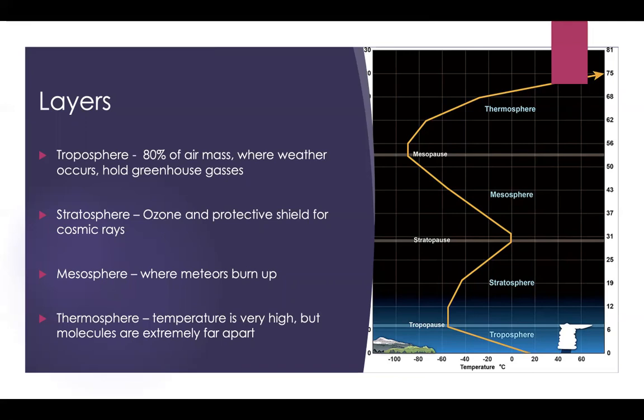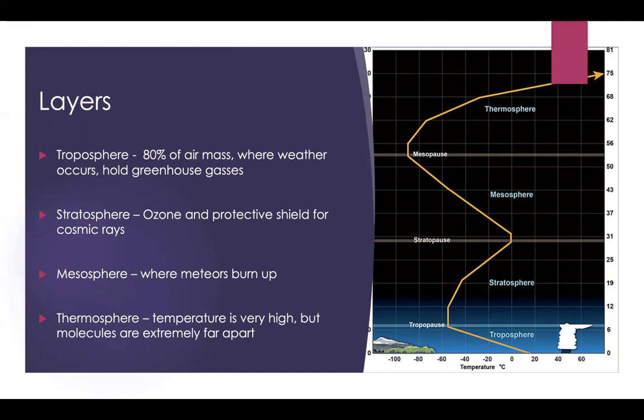So you're going to slowly lose temperature. But then as you hit the stratosphere, ozone and other molecules that act as protective shields from cosmic rays, these cosmic rays actually heat up the molecules, and that's why you get an increase in temperature.